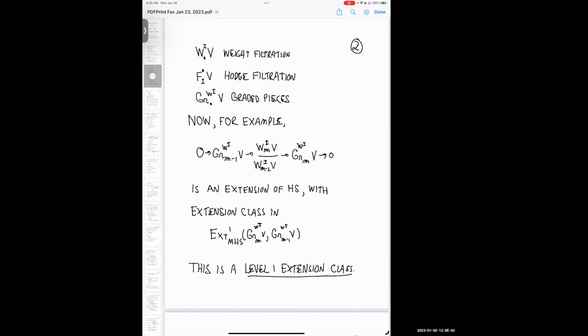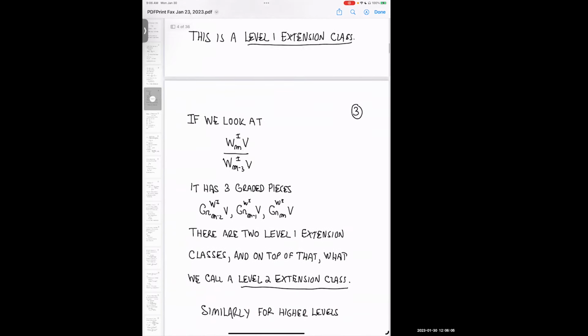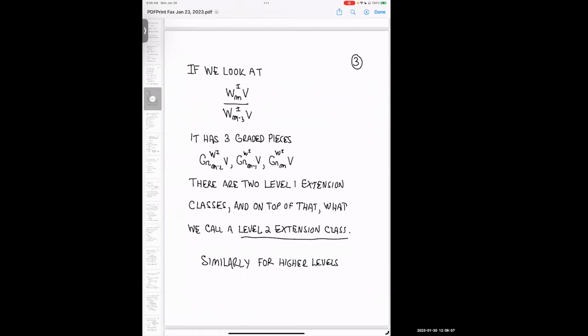For example, if you look at two adjacent graded pieces, they form an extension of mixed Hodge structure, and the extension class is in this Ext^1. We'll call these the level 1 extension classes. If we now look at a quotient of, say, W_m by W_{m-3}, then there are 3 graded pieces.